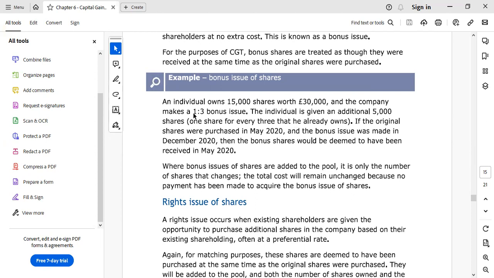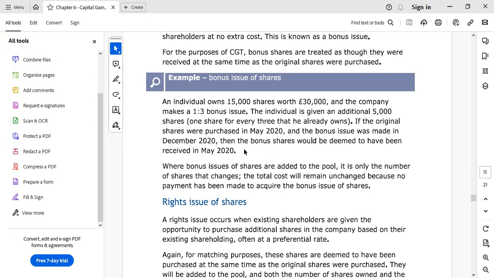If it was 1:4, it would mean one share for every four shares. If the original shares were purchased in May 2020 and the bonus issue was made in December 2020, then the bonus shares would be deemed to have been received in May 2020.